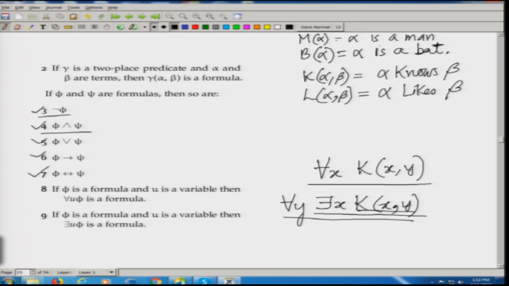Suppose this is how we interpret. If we do it, then we can translate a few things.